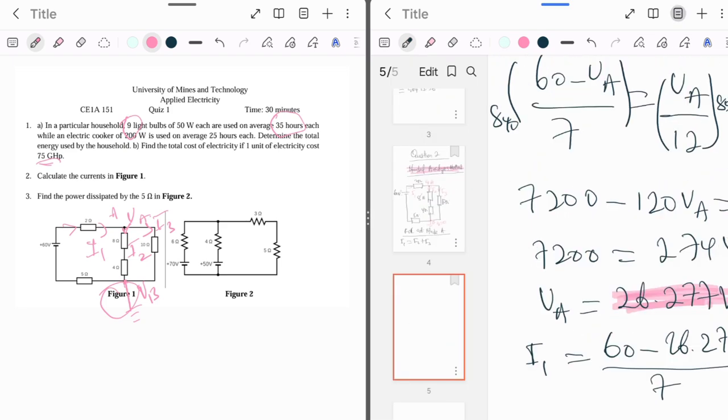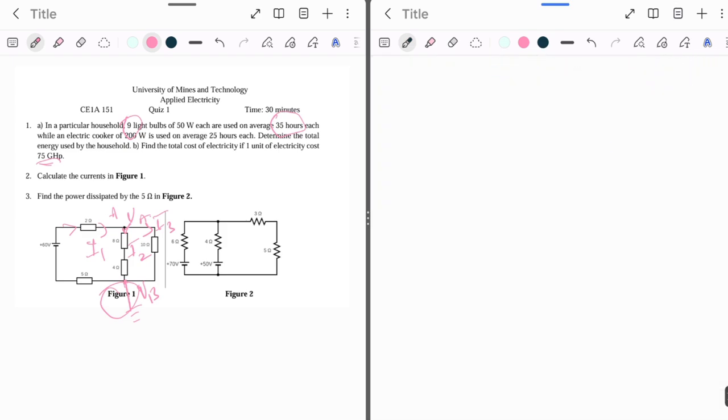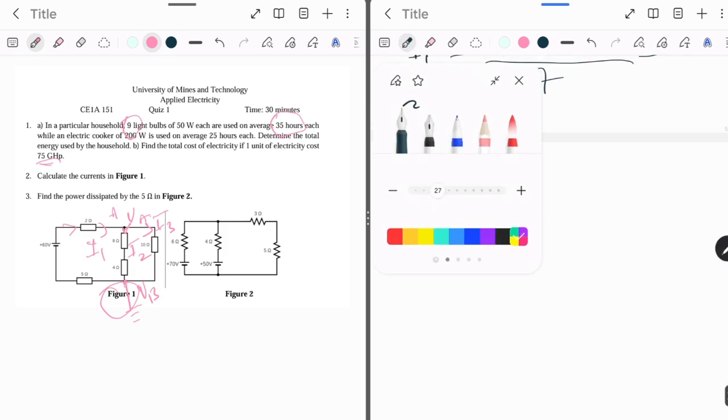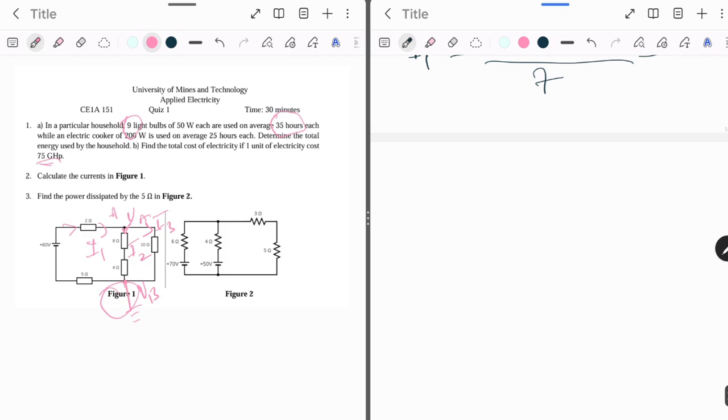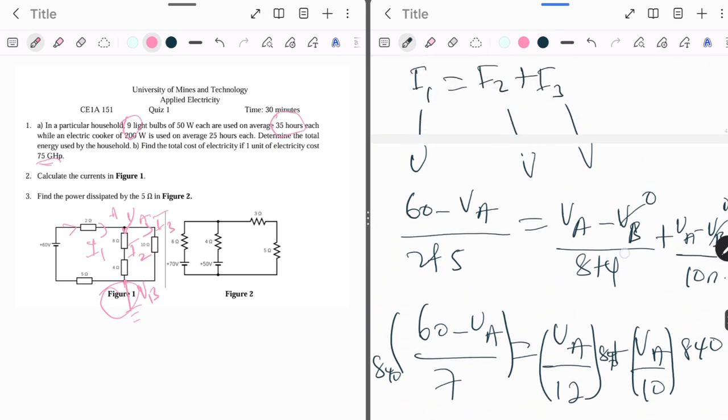Now we try and solve. So let's solve for now I2. I2 is also going to be equals to, it's already here.